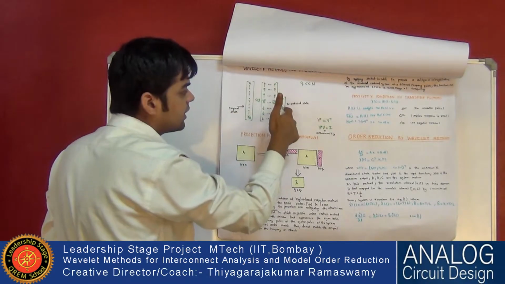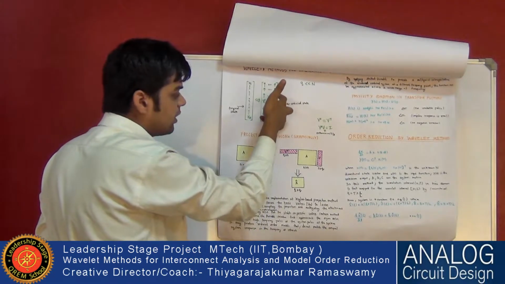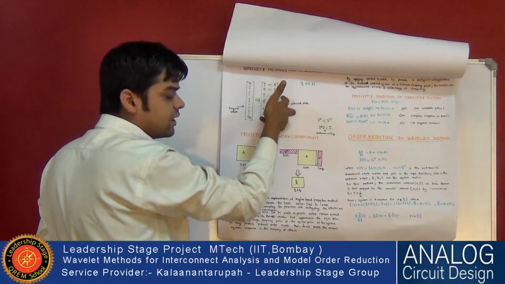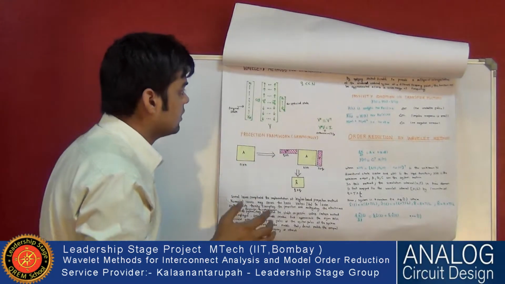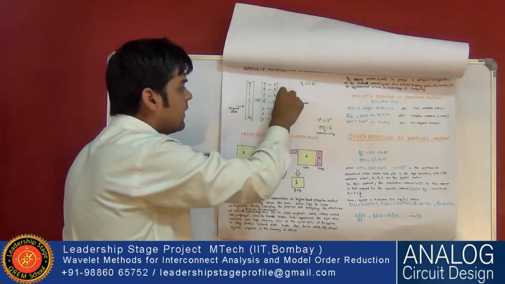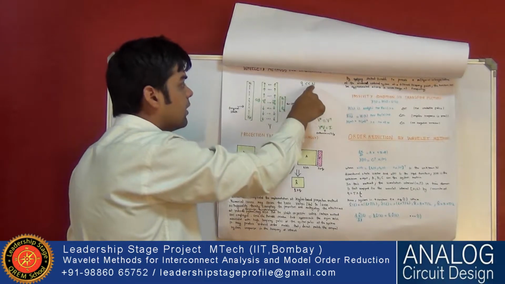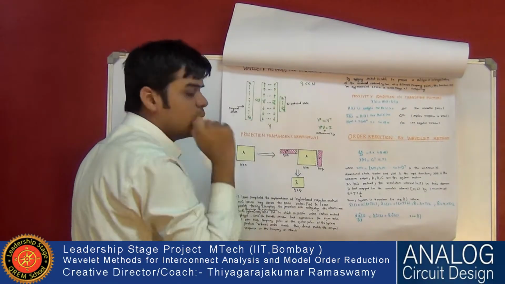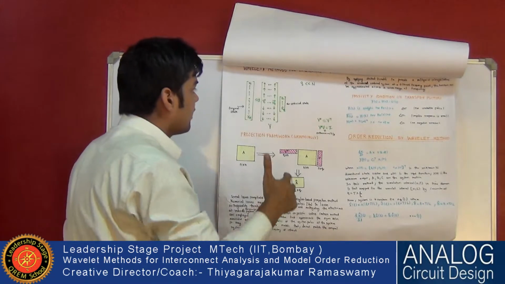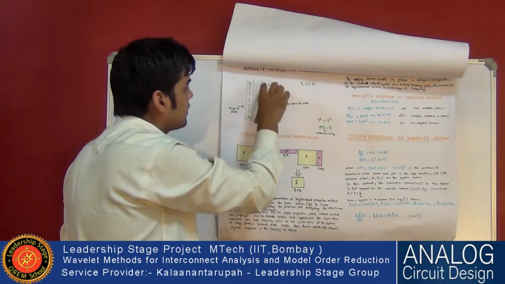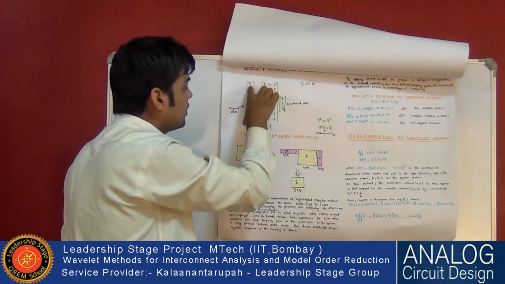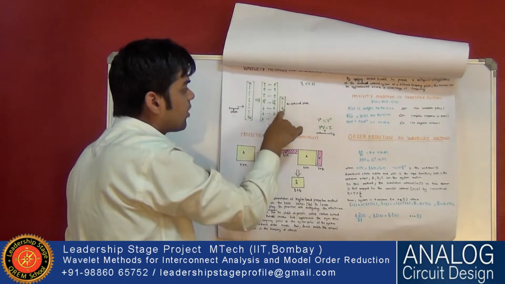The reduced state q is very small compared to n, and it will reduce computational time. For that we are representing q1 to qn by this small number of matrices.